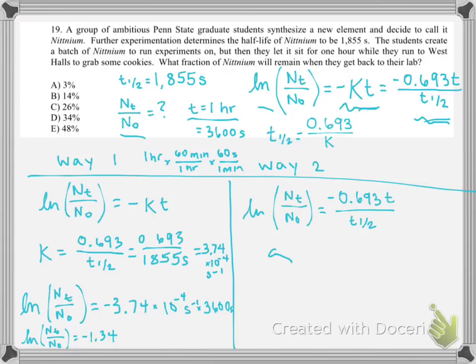And so now to get rid of our natural log, we're going to use our exponential, and we'll have NT over N0 equal to e to the negative 1.34, and that's going to end up being about 26%.